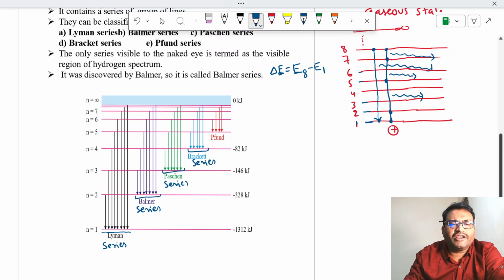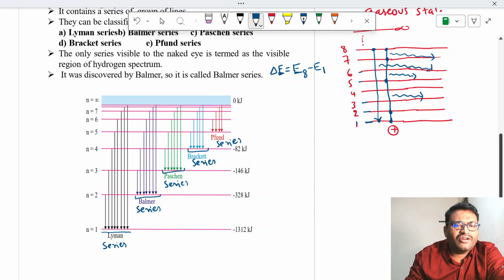In this way, you can call it the Pfund series. There are 5 series of spectral lines discovered, considering when the electron in a higher energy state is returning to the lower energy state or first energy state.